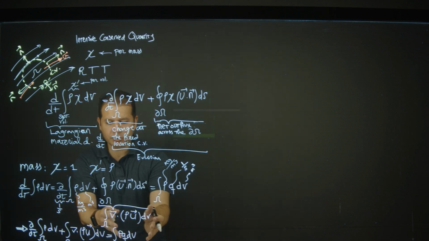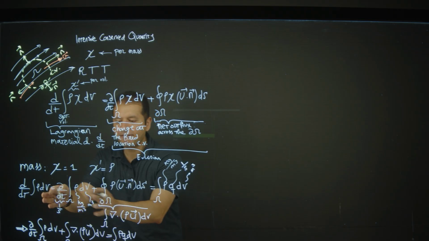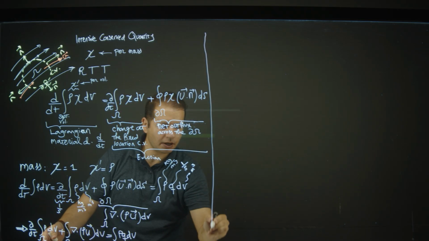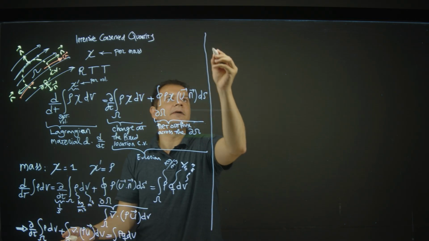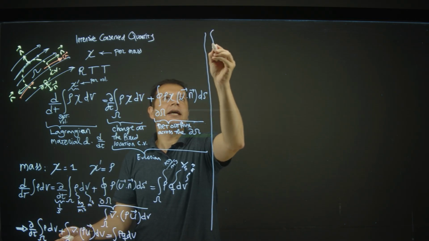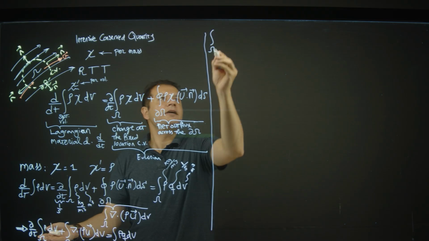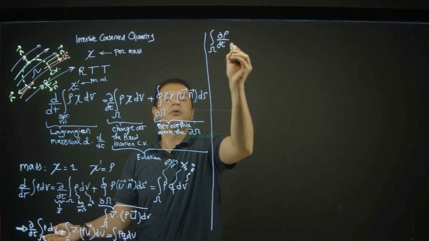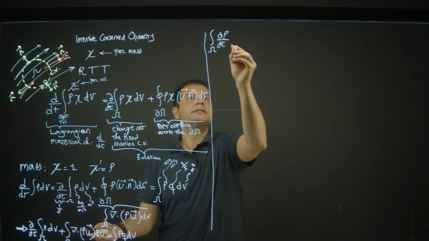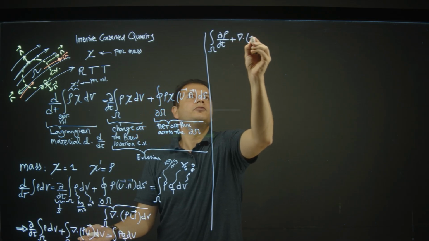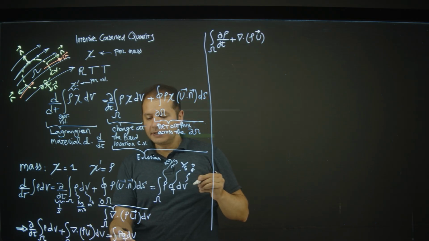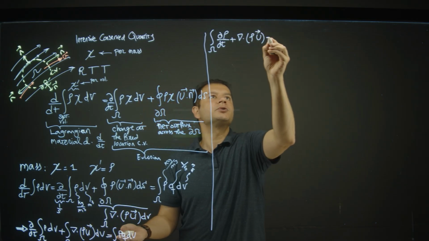I can put them all on the left-hand side and factorize the integration operator, because it is the same for all of them. So I get the integral over volume of: the first term d/dt of rho, the second term divergence of rho u, where u is a vector, and then rho Q, which comes to the left-hand side.